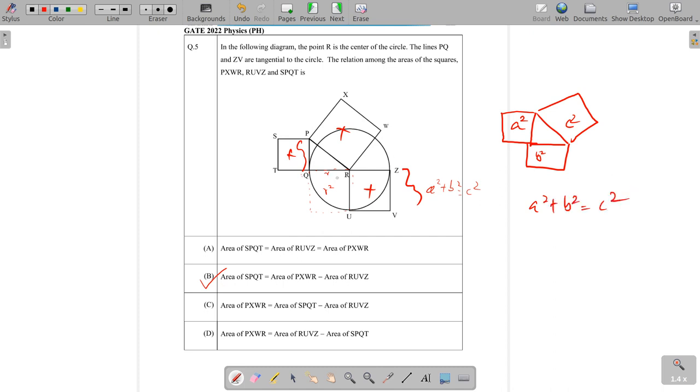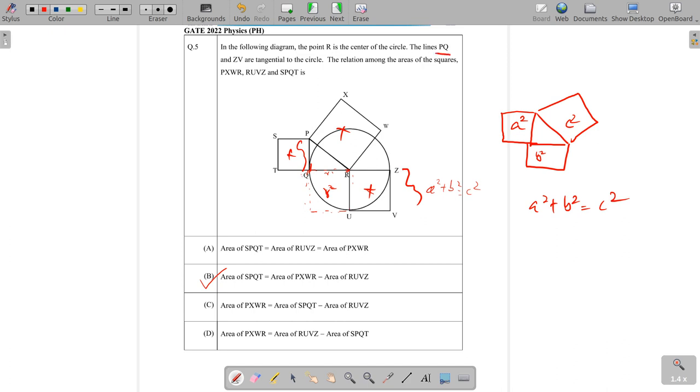Same thing goes here, but you have to make the identification that this area and this area are the same. How to do that? This is the center and this is a right angle triangle, right? So this is a radius, means this is also a radius. Again, it's a right angle triangle. So this has an area of r square and this also has an area of r square.